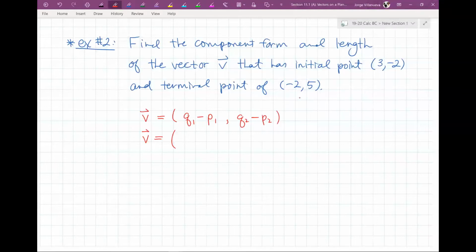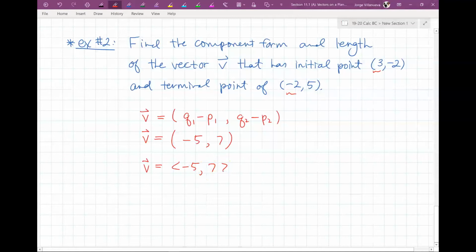So -2 minus 3, this right here and this right here. So that's going to be -5. Okay, q2 minus p2. The sub numbers tell you the x's and y's, right? The 1's are the x's, the 2's are the y's. So we take the y's. 5 minus -2, that's 7. So vector v is -5, 7.